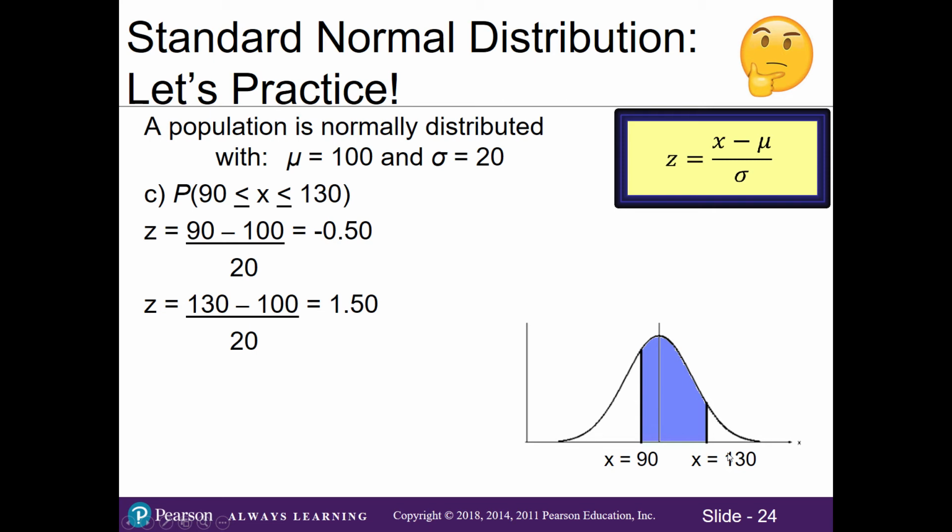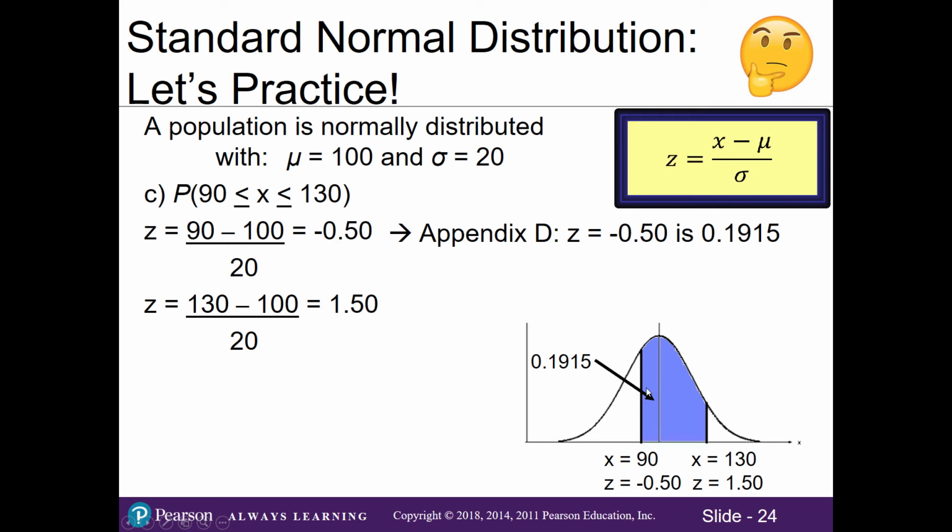And we looked at our appendix and we know the value of the shaded area between the mean and the z-value. So our appendix told us that the area for our z-value of -0.5 is 0.1915, and our appendix told us that the area for our z-value of 1.5 is 0.4332.